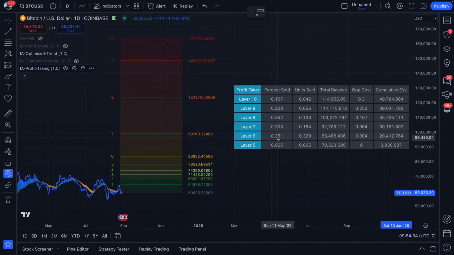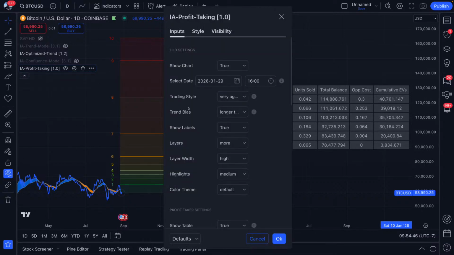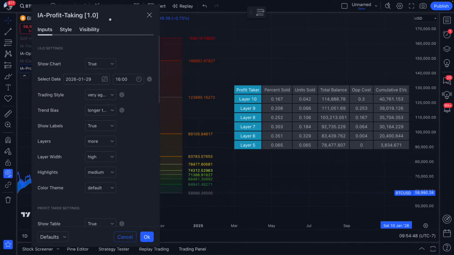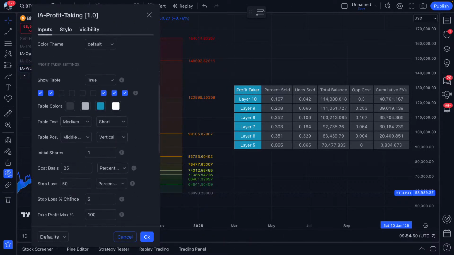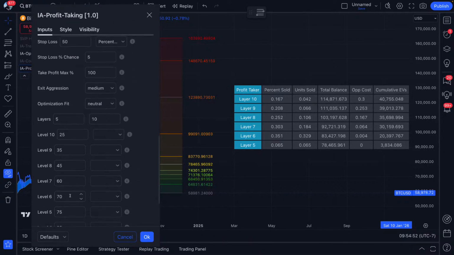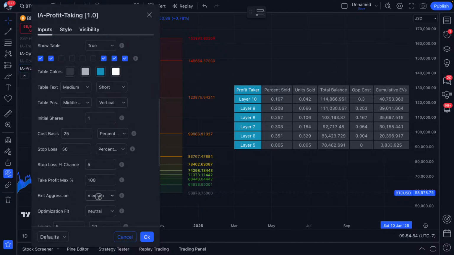We'd sell nearly 1/3 of our Bitcoin. Layer 7, 30% of our Bitcoin. Layer 8, 25%. Layer 9, 20%. And layer 10, 16%. Now, what happens if you want to keep some of our Bitcoin? We don't want to sell at all. Then you go down to the settings here and you modify it based on exit aggression.